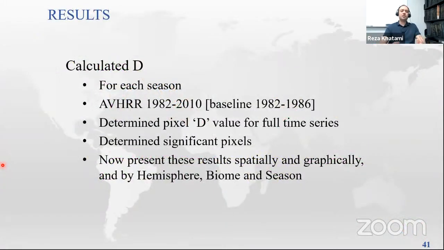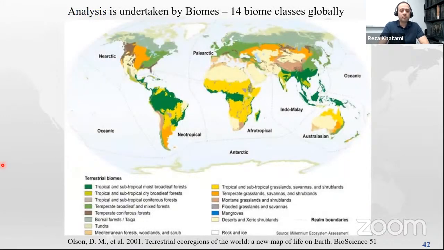So we calculated the directional persistence for 4 seasons and did the statistical testing, and now we are presenting the results for different hemispheres, different biomes, and seasons. For the biomes data, we used a biome classification based on the work by Olson, a publication in 2001, which has 14 biome classes globally.